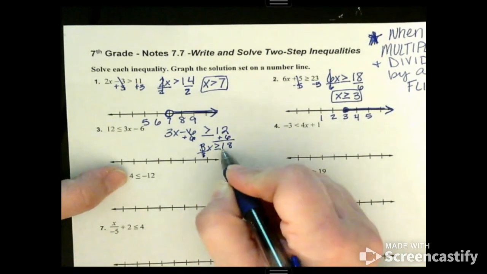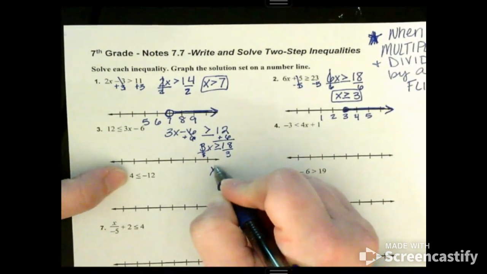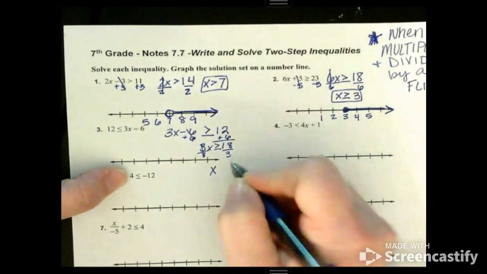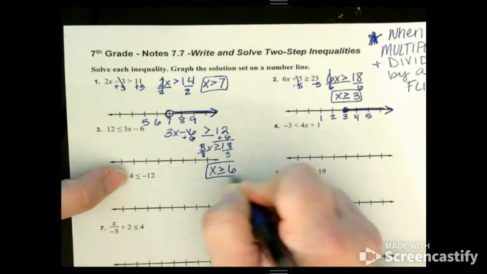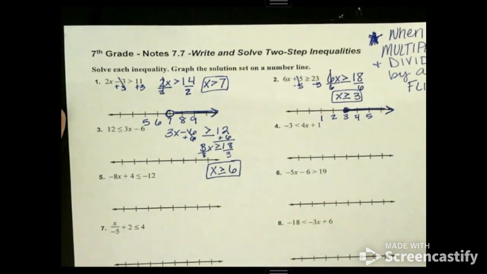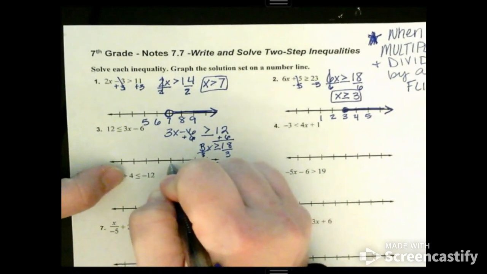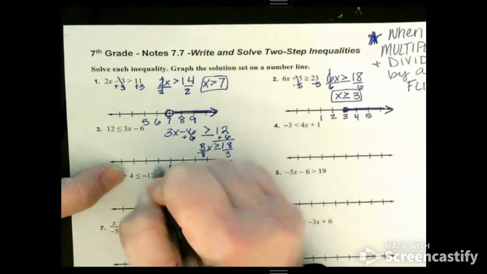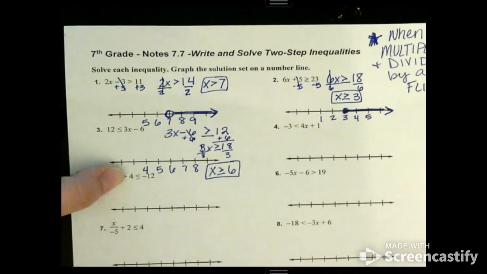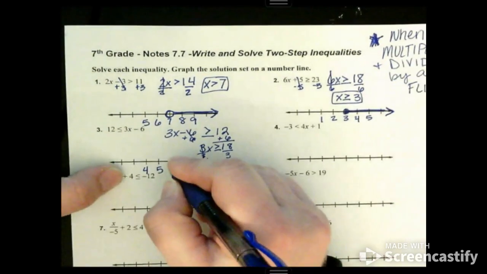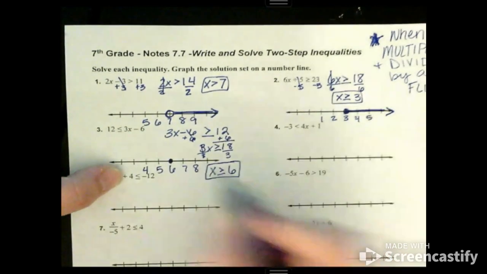Divide by 3. So x is what? Greater than or equal to 6. All right, your number line. So 6, 7, 8, 5, and 4. What kind of circle? Closed. Which way is it going? Right.